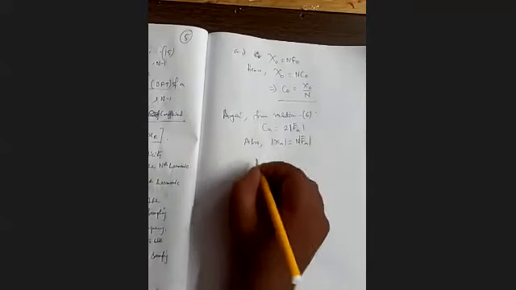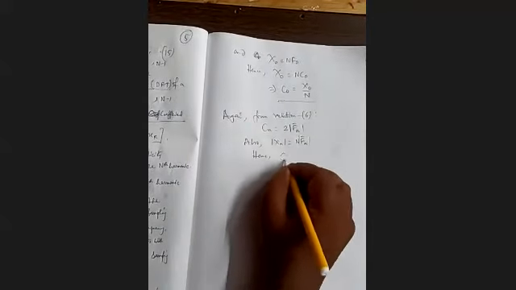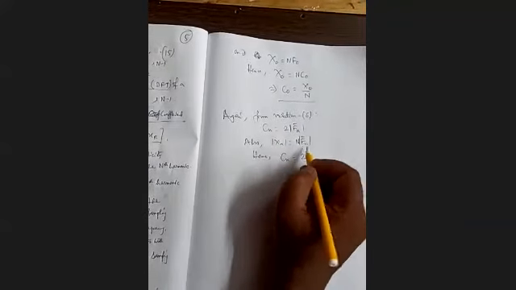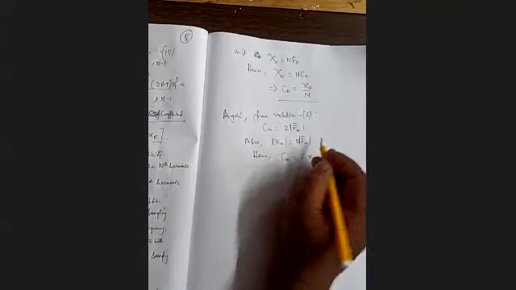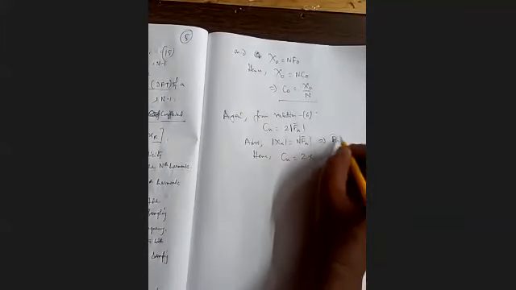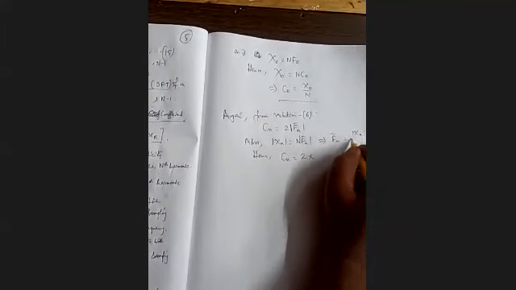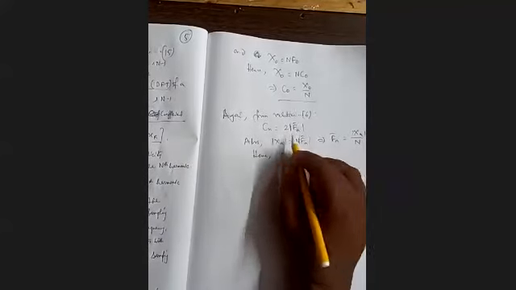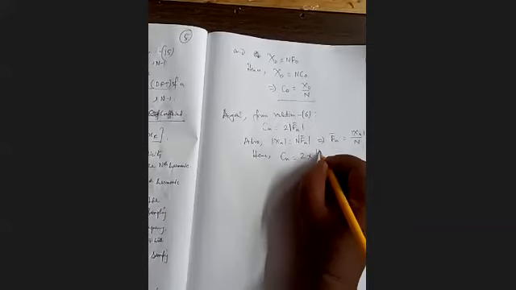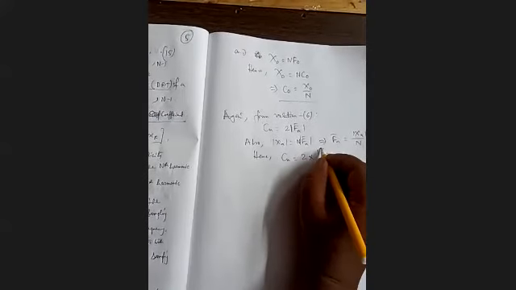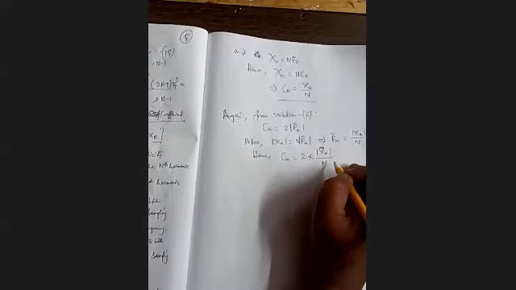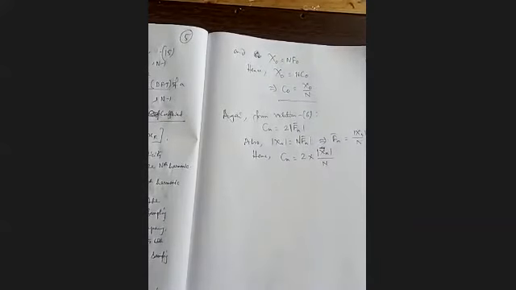Hence, Cn equal to 2 into Fn bar, and here we can write Fn bar equal to mod of Xn by N. We put it here, so 2 into mod of Xn by N. No bar required, just mod I am writing because I didn't put any bar previously.